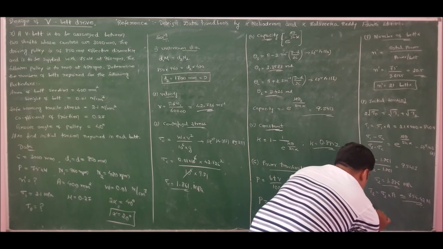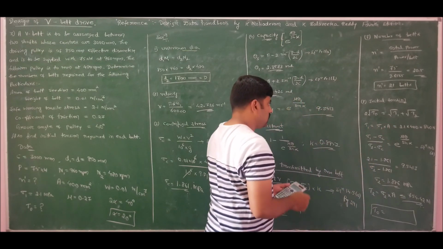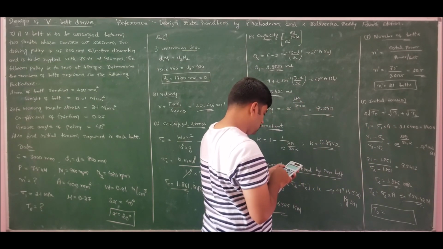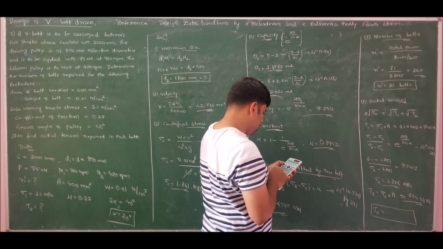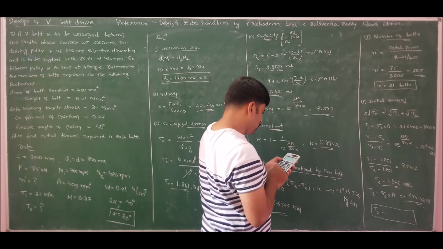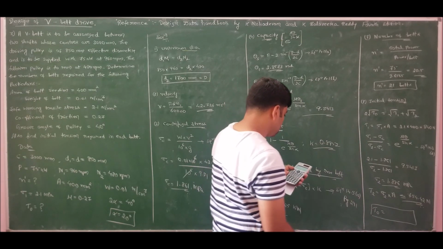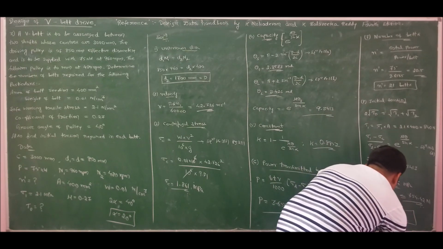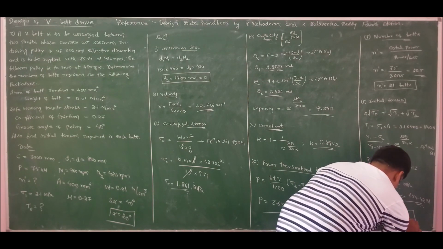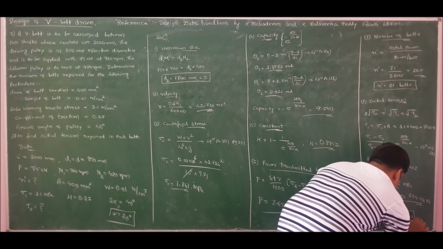So hence the initial tension T naught will be, substituting in this equation and solving, root of T1 is 840 plus root of T2 is 754.42, divided by 2, square of the answer, 796.635 newtons.